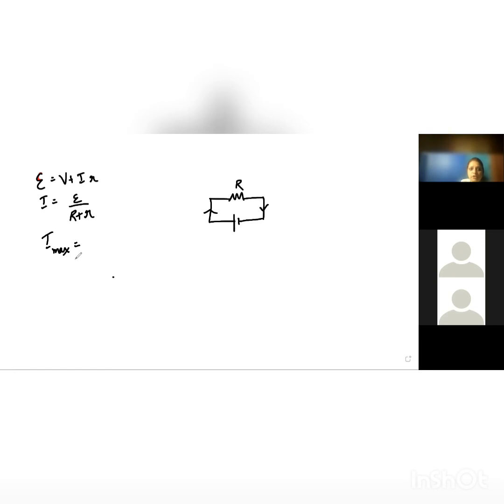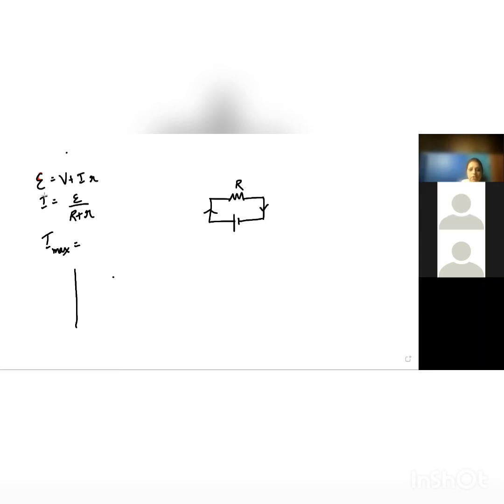I'm going to plot a graph for the cell, so I need a line. This is the graph for the cell, right? We are going to plot V versus I, and you have this relation V is equal to epsilon minus Ir.